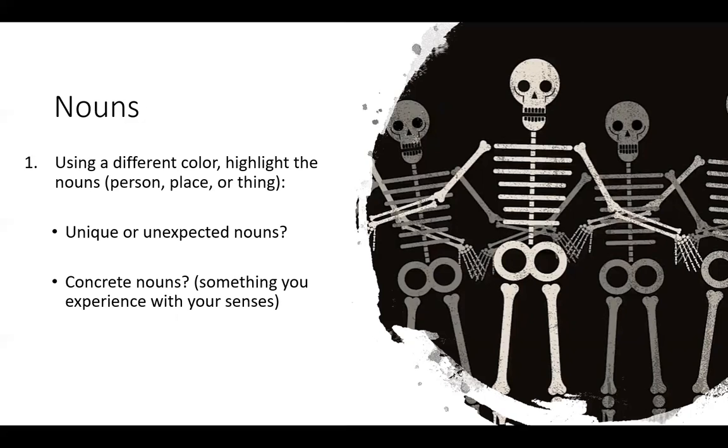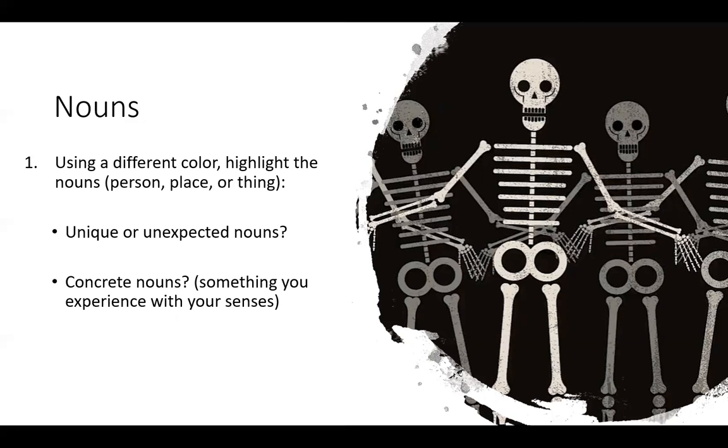Kind of when we go back to love, because love can be a noun or a verb. If you look at love in its noun form, you can't touch love. Now, you can feel love, but as far as we're talking about senses, feel can mean two different things, as we all know.